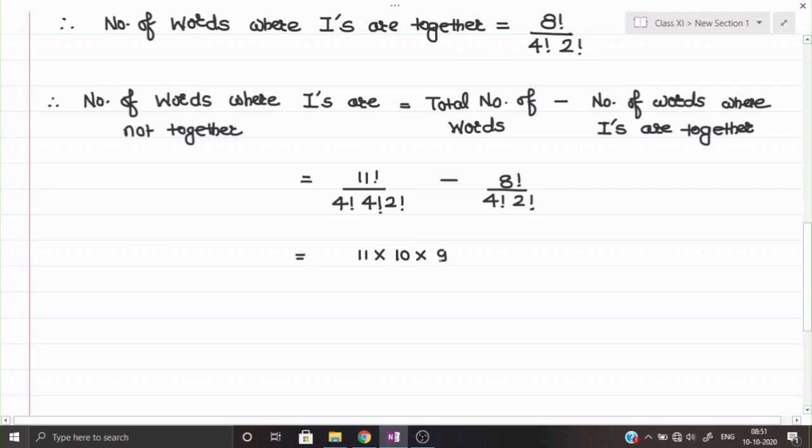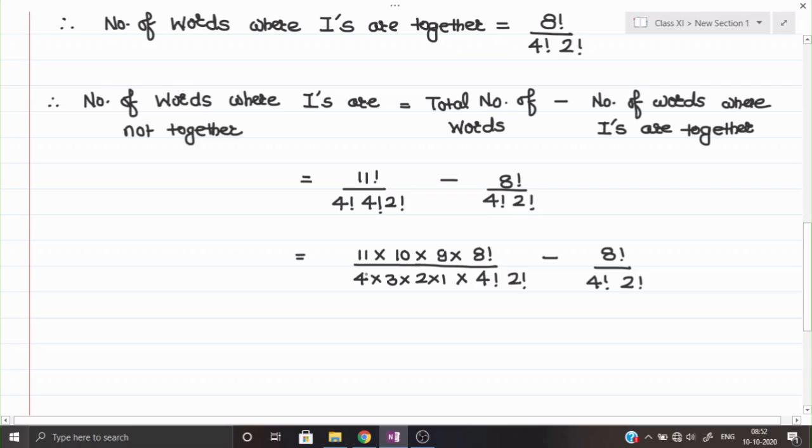11 into 10 into 9 and then into factorial 8. Till that only I am keeping. I can open factorial 8 also, but 8 I am keeping in the factorial. Then 1 factorial 4 I am going to open: 4 into 3 into 2 into 1 into factorial 4 into factorial 2, that I am keeping as it is, and this whole term also I am keeping as it is, factorial 8, 4 and 2.